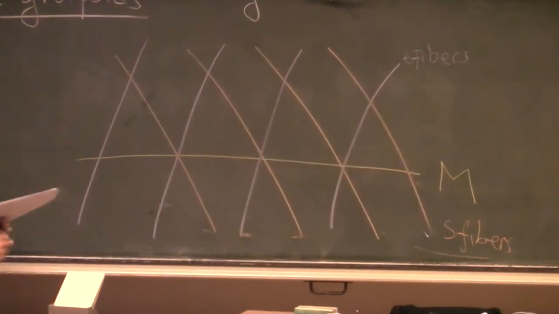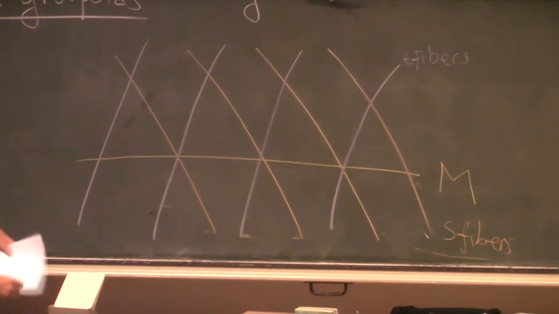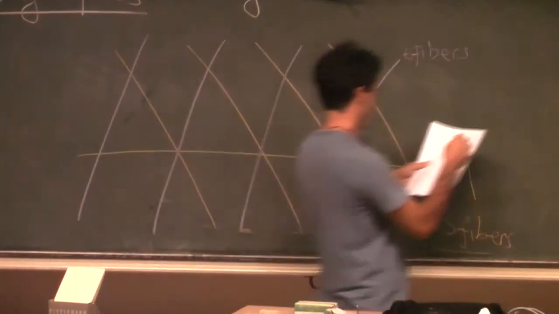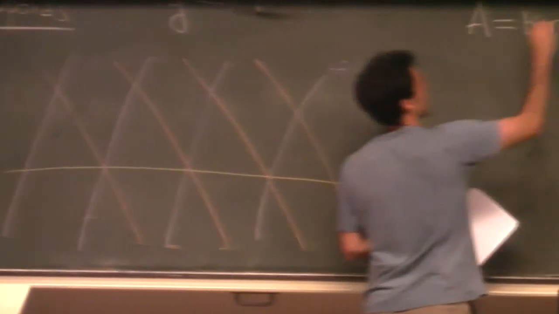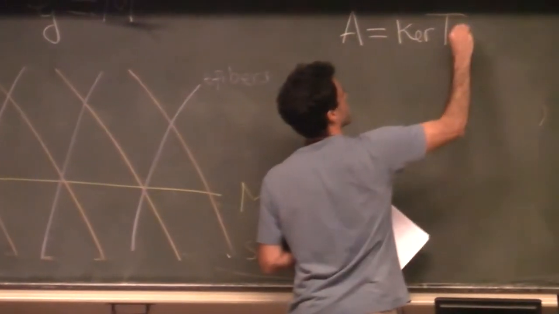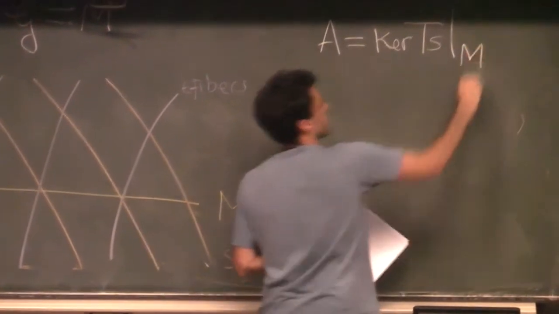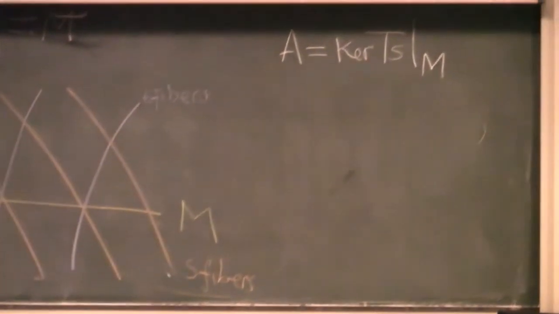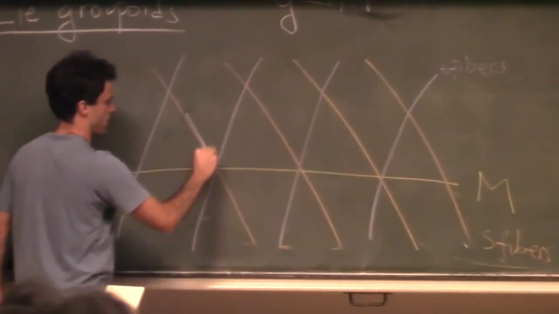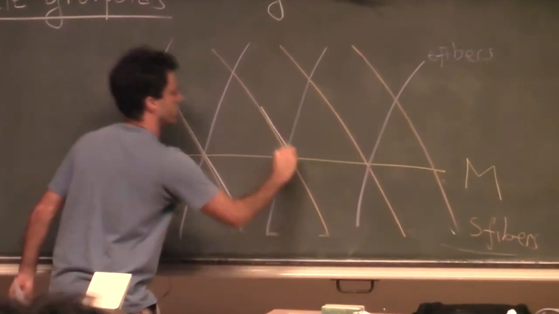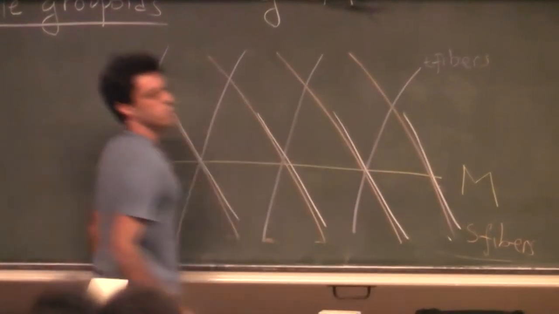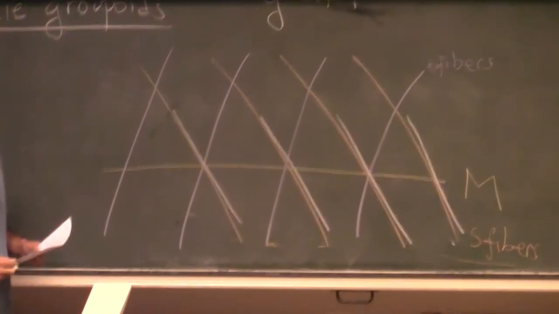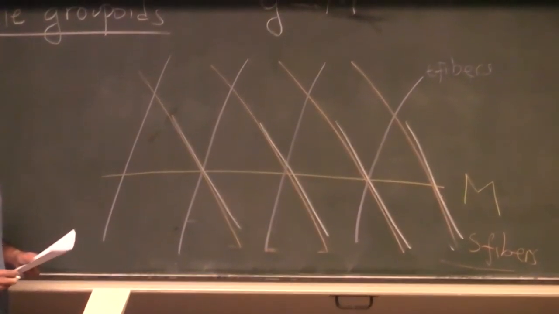And what you do now is first you take A to be the kernel, so basically the tangent space to S fibers at the units. So you take the S fibers, and here you take the tangent spaces at each point. So this gives you a vector bundle, that's A, right?